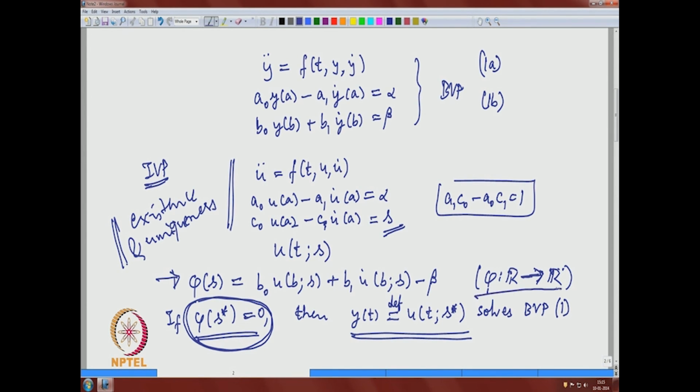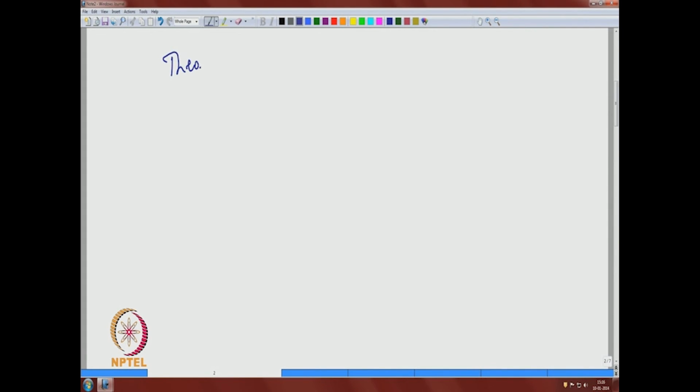In this one dimensional case, we can do all that just using one dimensional calculus, and that is what we are going to do. So, let me just state a result and we will discuss in more detail next time.